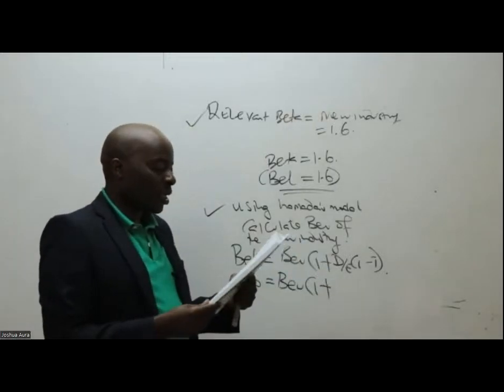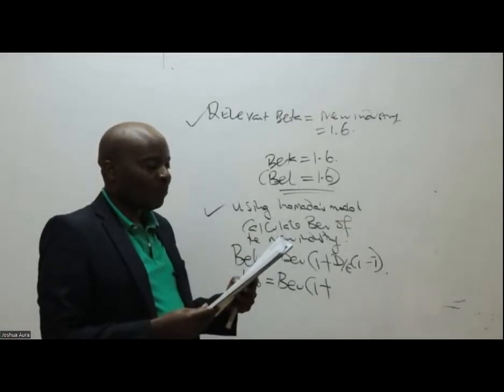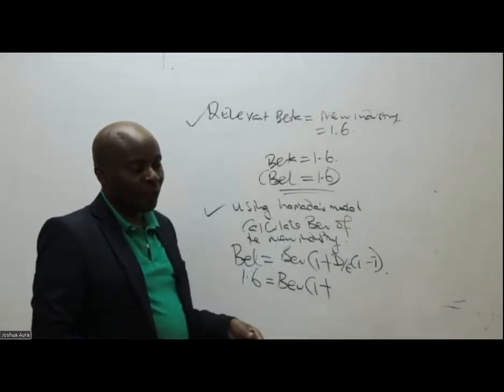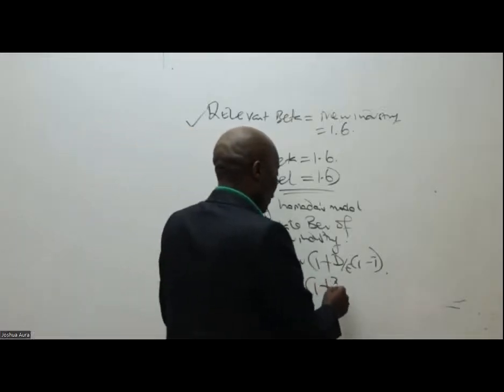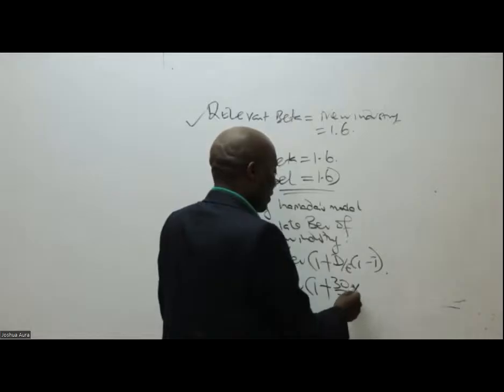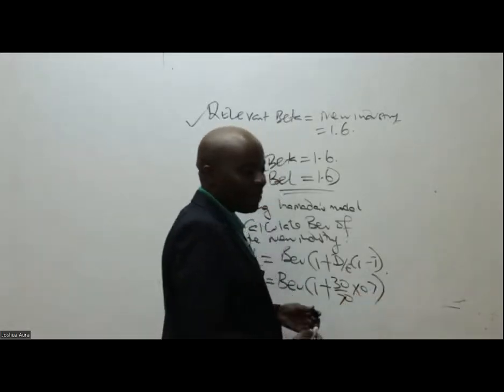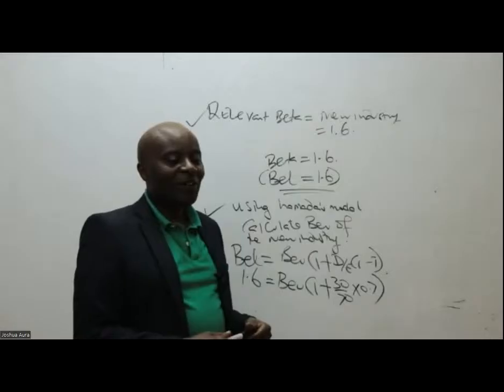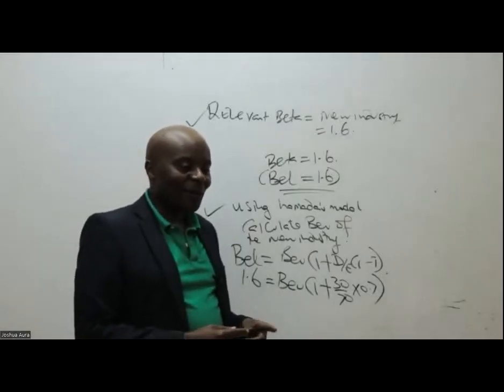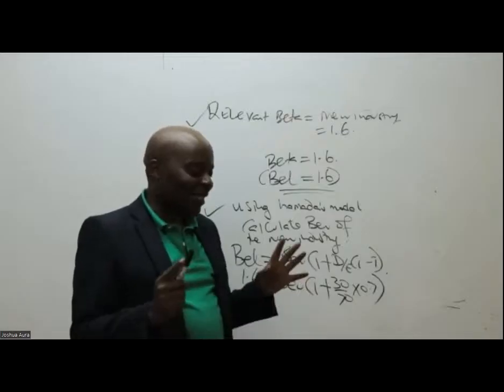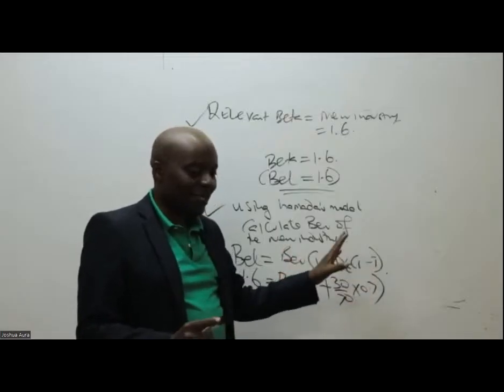The new industry, which is the electronics industry, debt is 30%, equity is 70%. So 30 over 70 into 1 minus tax, which is 30%, that is 0.7.